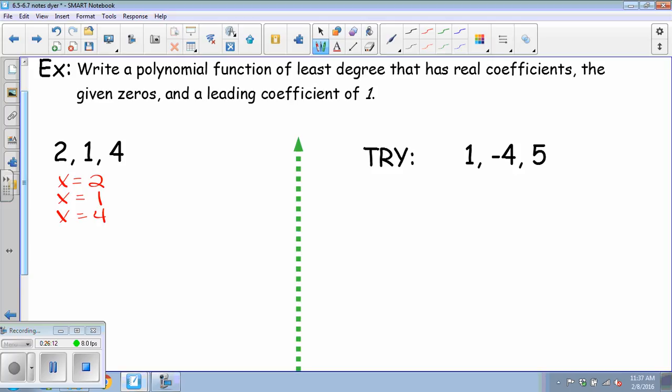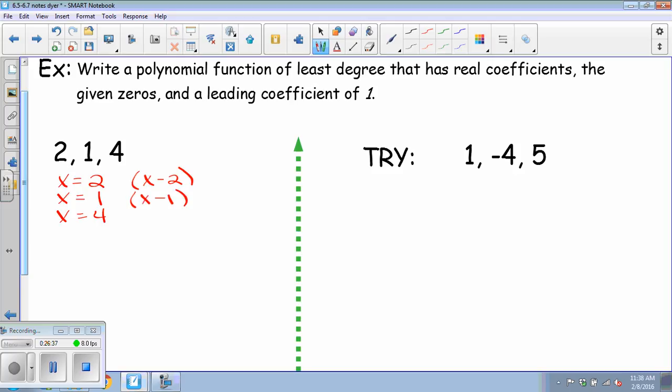If x equals 2 is the solution, what is the factor that goes with that solution? X minus 2, right? Because if I move the 2 over, that would be x minus 2 equals 0. We're working backwards here now. So the factor that goes with this is x minus 2. What's the factor that goes with the solution x equals 1? X minus 1.